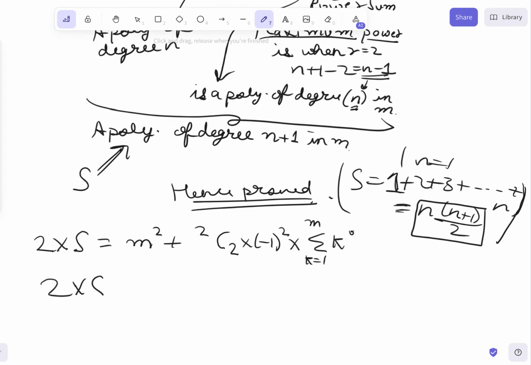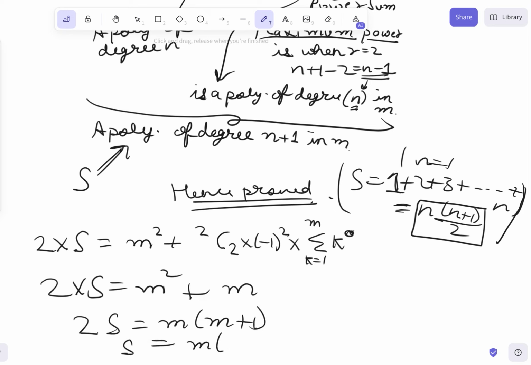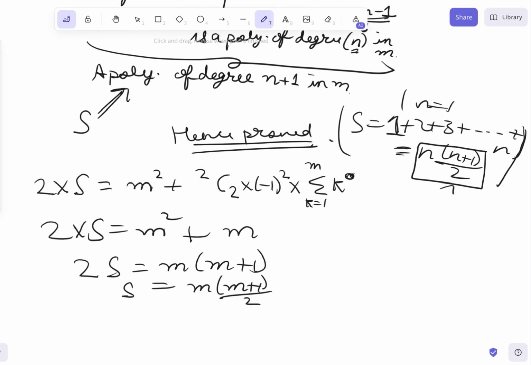Let's simplify it. 2 into S equals m square. 2C2 is 1, minus 1 square is 1, and this is summation k equals 1 to m of 1, since k power 0 is 1. So this is just adding 1 m times, so this will become m. So this will be 2S equals m common m plus 1, and this becomes S equals m into m plus 1 divided by 2, and you see this matches.